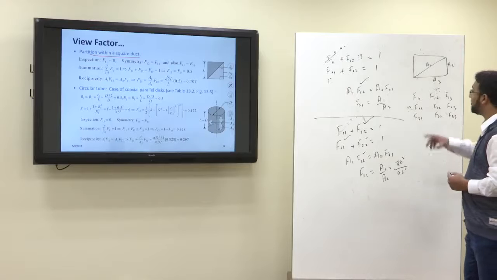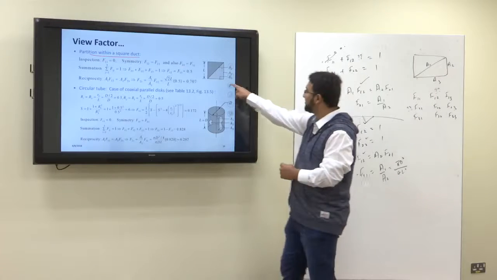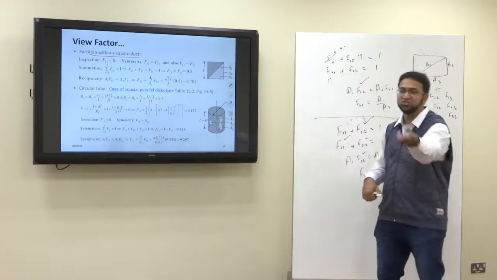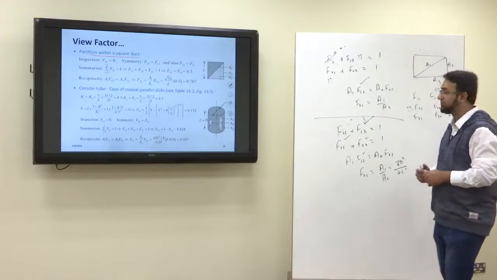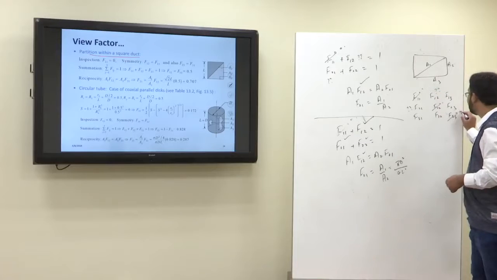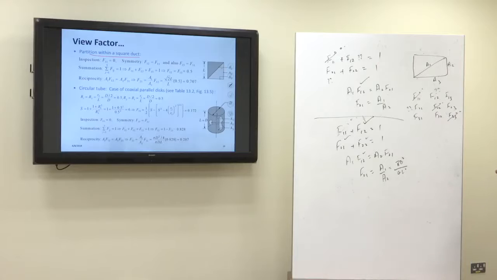Now, first of all these are plane surfaces, so any radiation emitted by them cannot reach themselves. So F11 is 0, F22 is 0, F33 is 0.